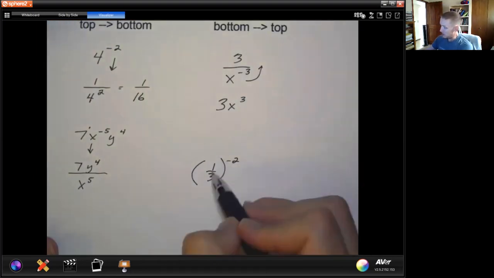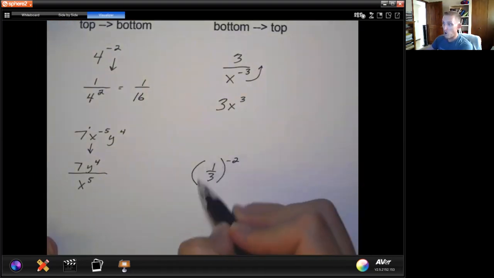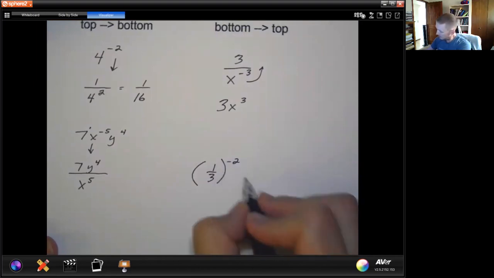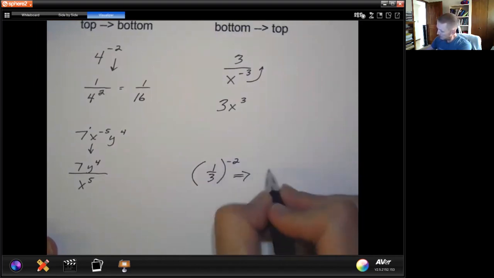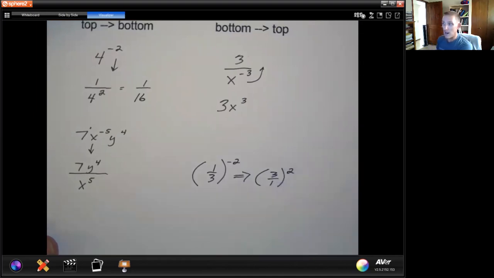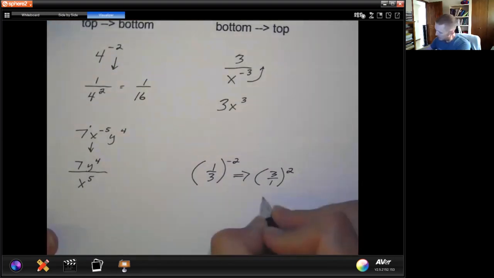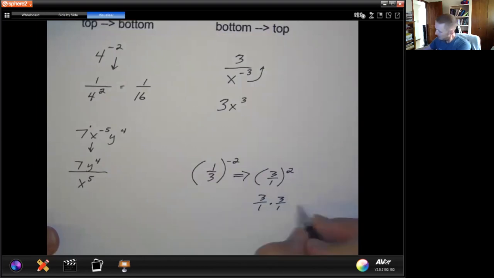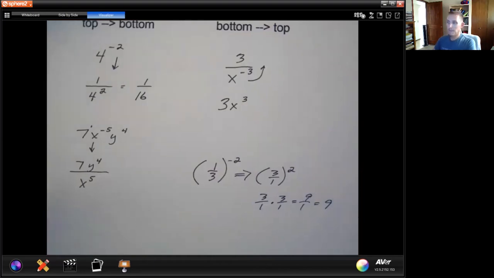So this is going to flip from 1/3 to 3/1. And now the exponent is positive. So I will flip it, the entire fraction, and now just use the second power. So this becomes 3/1 times 3/1, which is 9/1, which is simply 9.